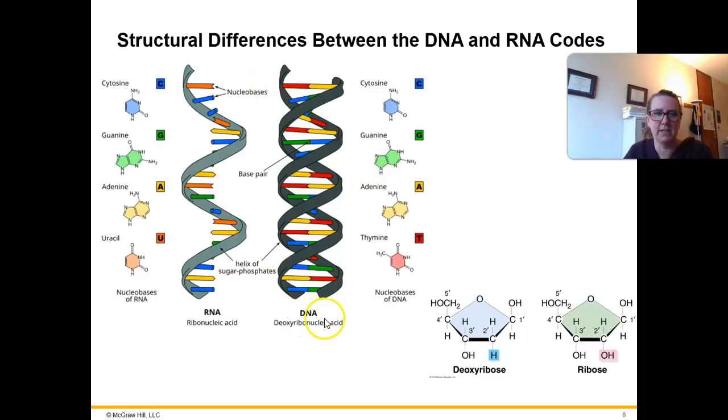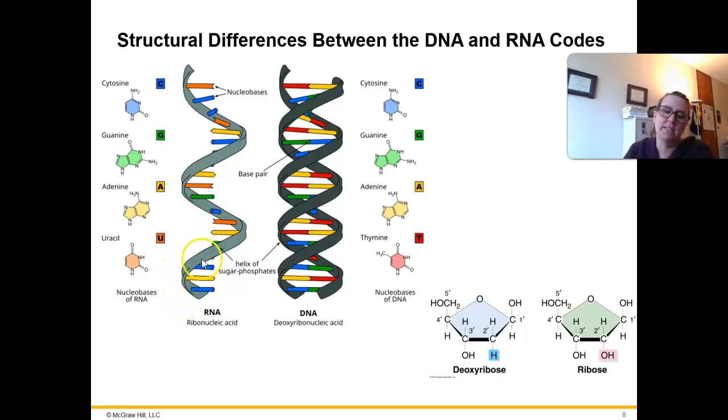The double helix of the DNA is made of repeating GATC on one side, and on the other side, it's connected by its complementary base pair. So C's with G's, G's with C's, A's with T's, T's with A's. And remember, the sugar is deoxyribose. So then we take a look at RNA. RNA is single-stranded, all right?